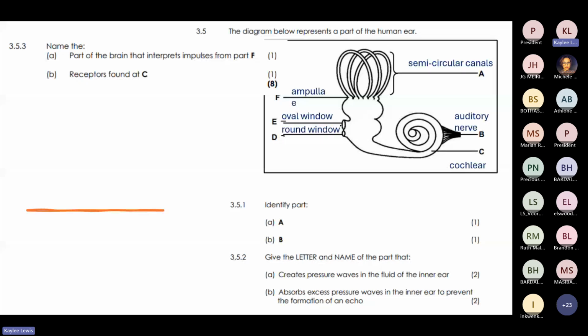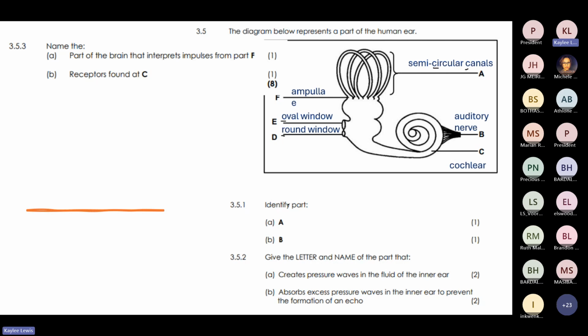So the oval window is E, and D is the round window. And then F is the little bumps at the bottom, which will be your ampulla. And sitting in your ampulla would be your receptors that belong to the semicircular canals, which would be the cristae.